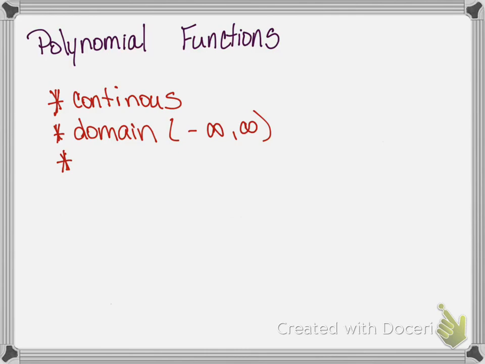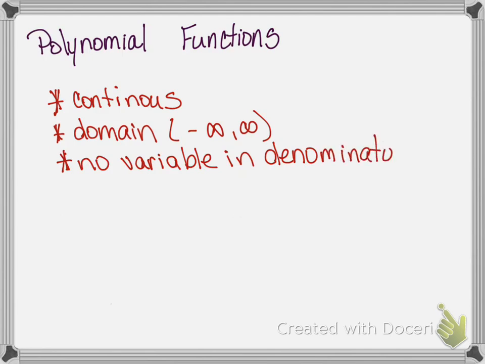When did we have to limit our domain? So a polynomial function cannot have a variable in the denominator. I can have a number in the denominator, but I can't have a variable in the denominator.